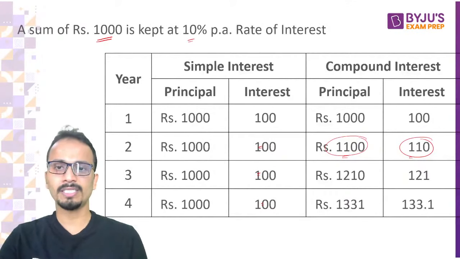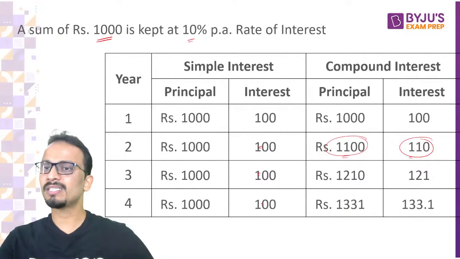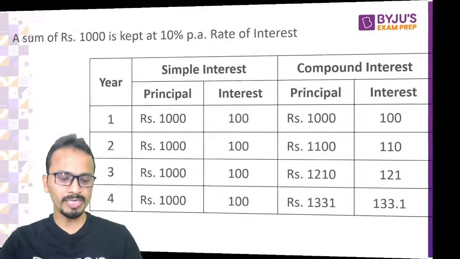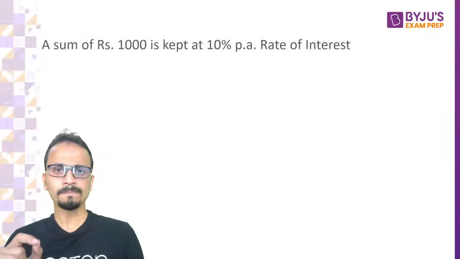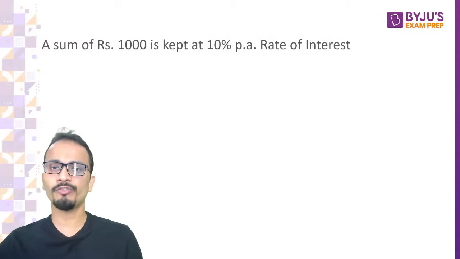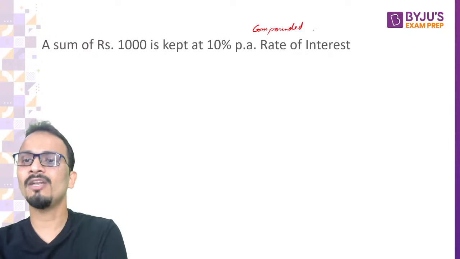Now let's have a look at the same illustration but in a different way of calculating compound interest. I'll pick the same values: a sum of 1000 rupees kept at a 10% rate of interest, compounded annually.